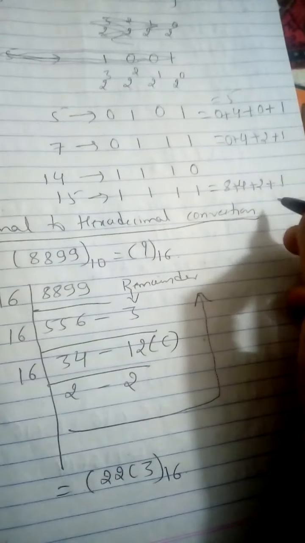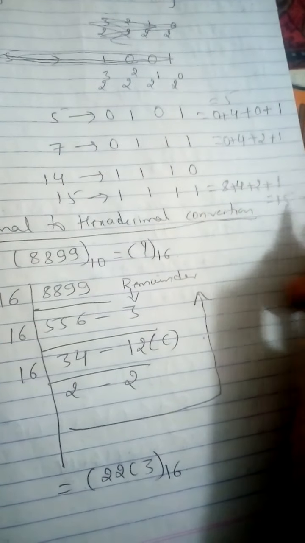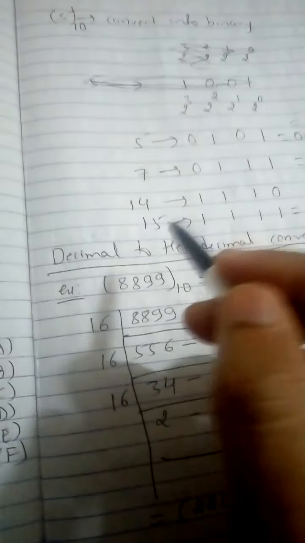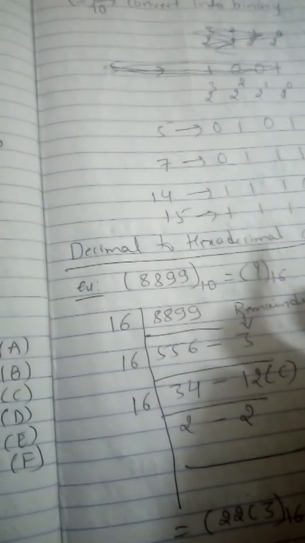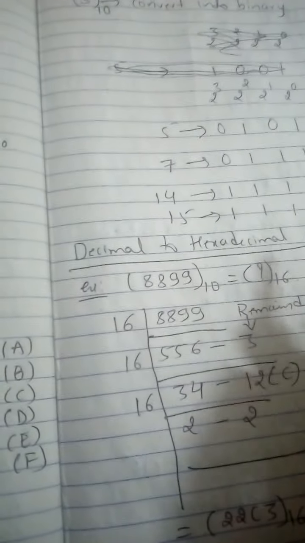After adding, I am getting the answer as 15. So this is the conversion from decimal to binary. Usually, a decimal number means any number that comes under the decimal system.